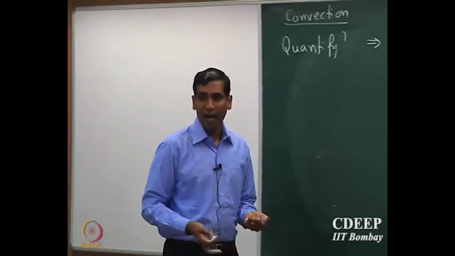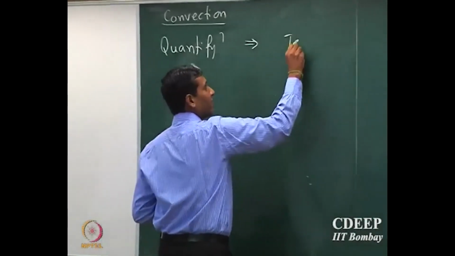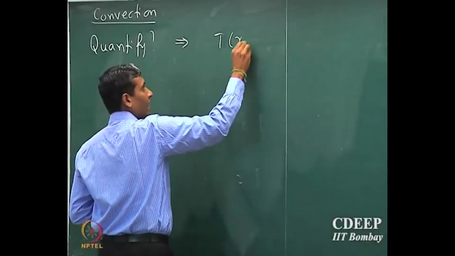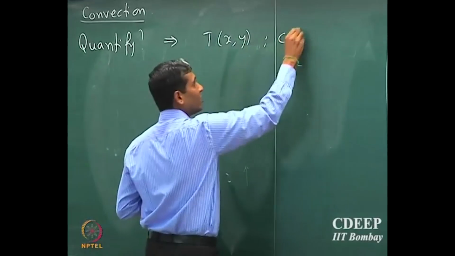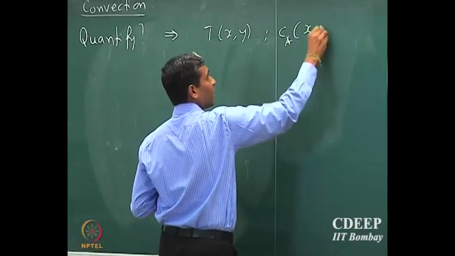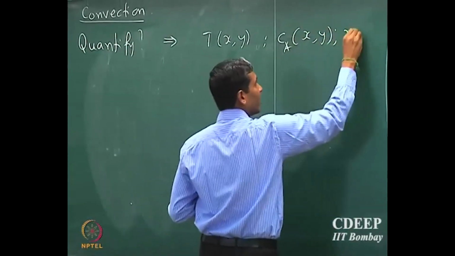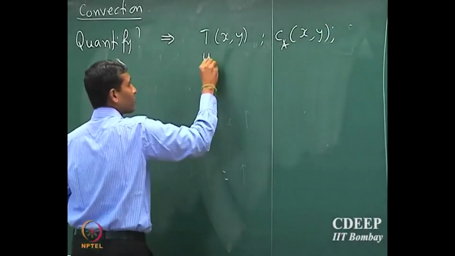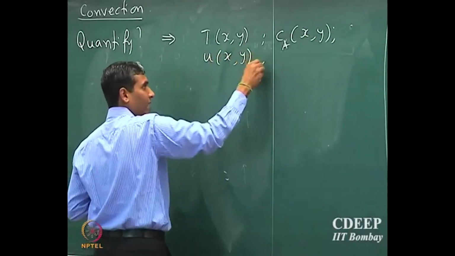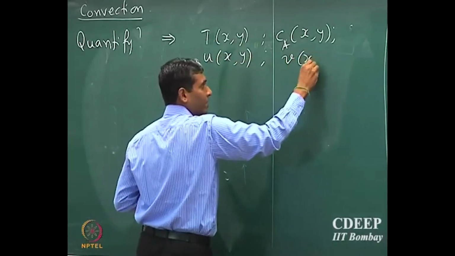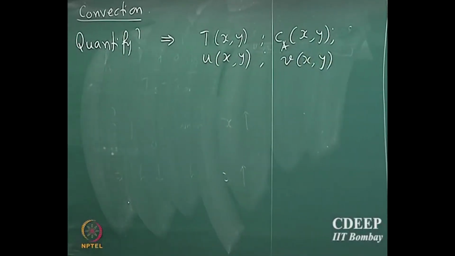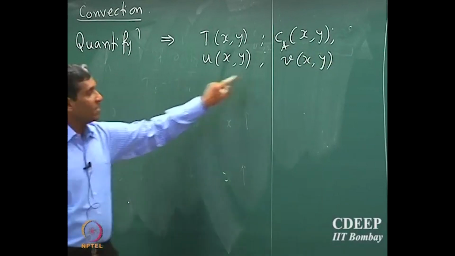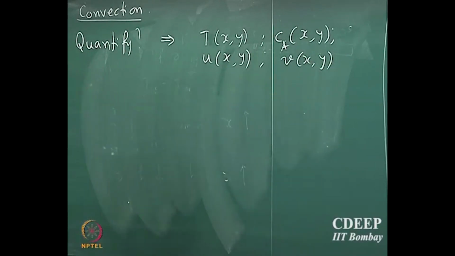So when you say quantify, you need the temperature profile as a function of x and y, and the concentration profile as a function of x and y, and the velocity profile as a function of x and y, and you have two components. If it's a 2D system, you have two velocity components u and v, where u is the x component velocity and v is the y component velocity.